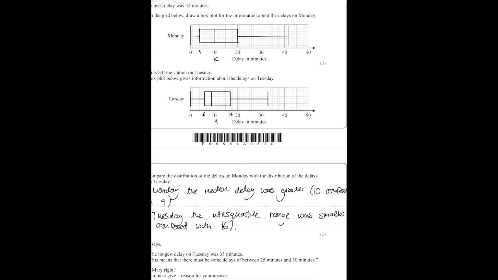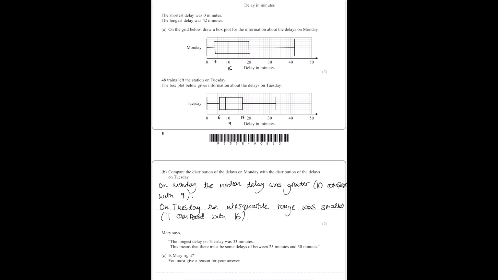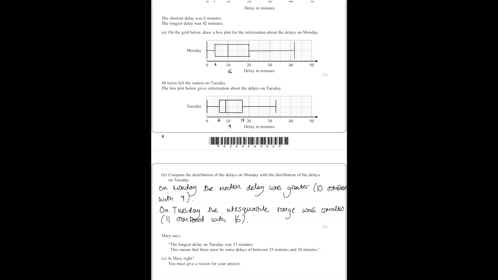In order to answer this question, we assume that she's representing the part in the box plot which is in this area here, so 25 to 30 minutes in this region.